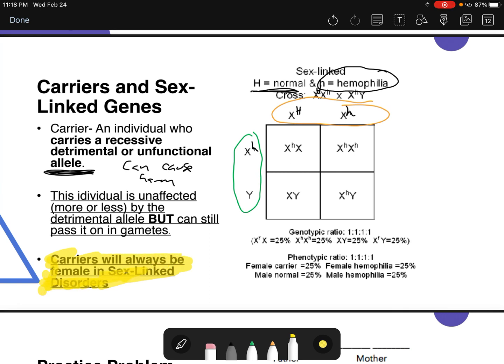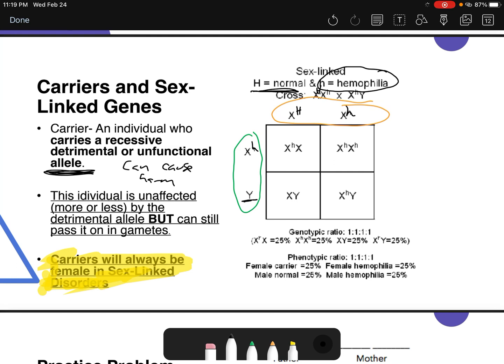You will never see a male carrier because males cannot be carriers. Males will either have the disorder or they won't. There is no in between because the Y chromosome is not big enough to contain the allele for it. Okay? So here we go.